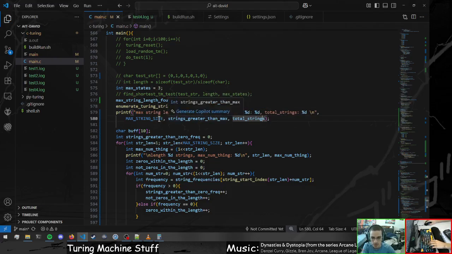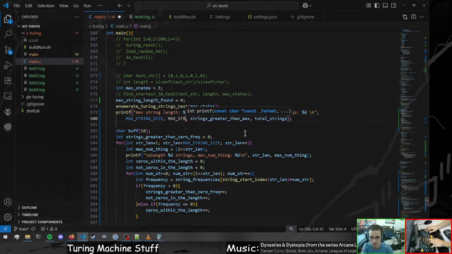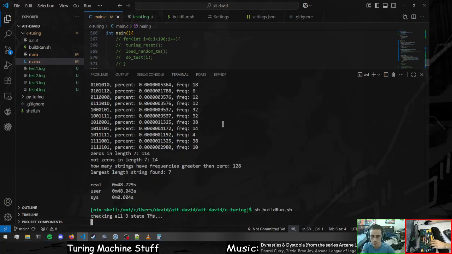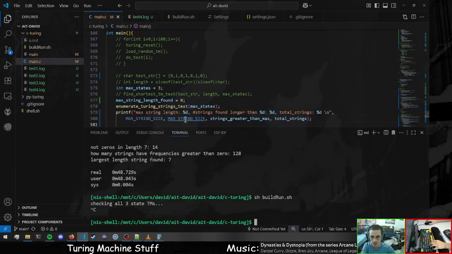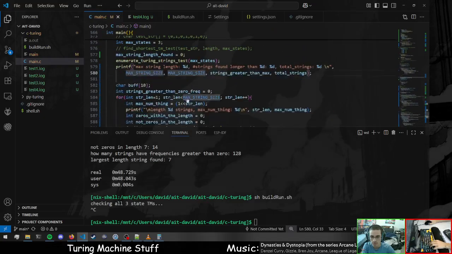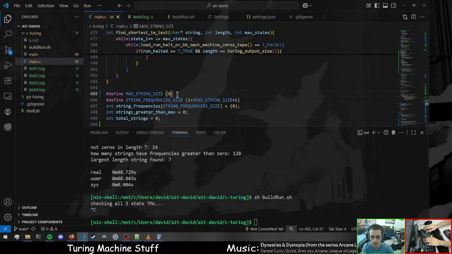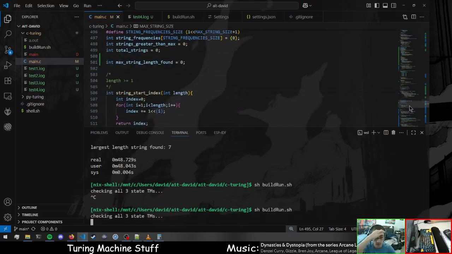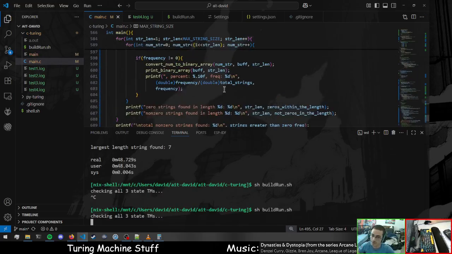So I put this, number of strings found longer than. Let's do that again. Actually, let's put this at 7, for example. That'll include some strings that are too long to fit in the thing.